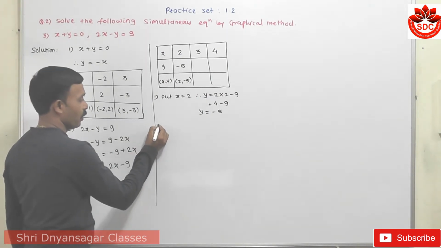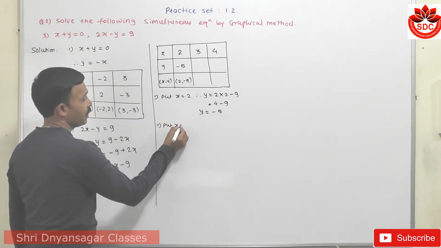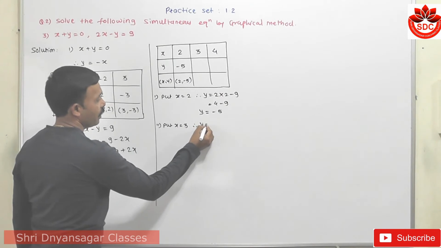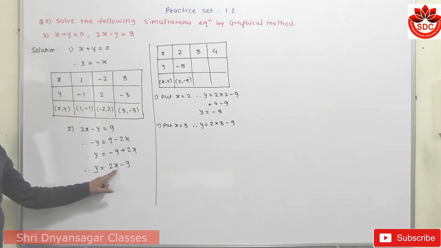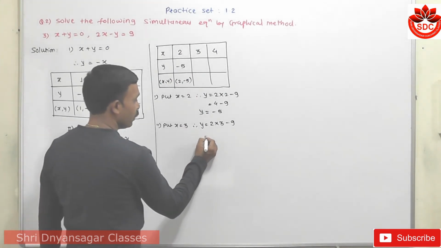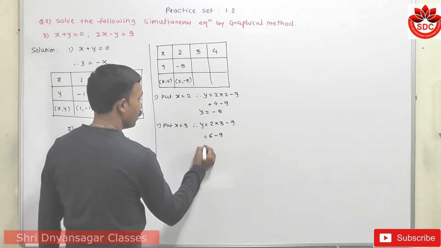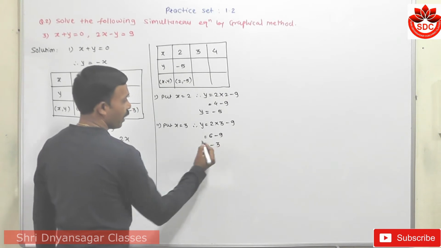Second, put x is equal to 3. Therefore y is equal to 2 into 3 minus 9. We substitute the value of x here. We get 2 threes are 6, minus 9. 6 minus 9 is minus 3.